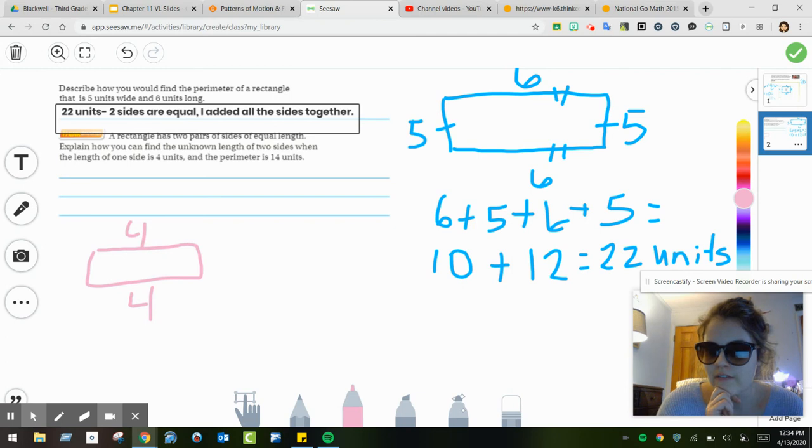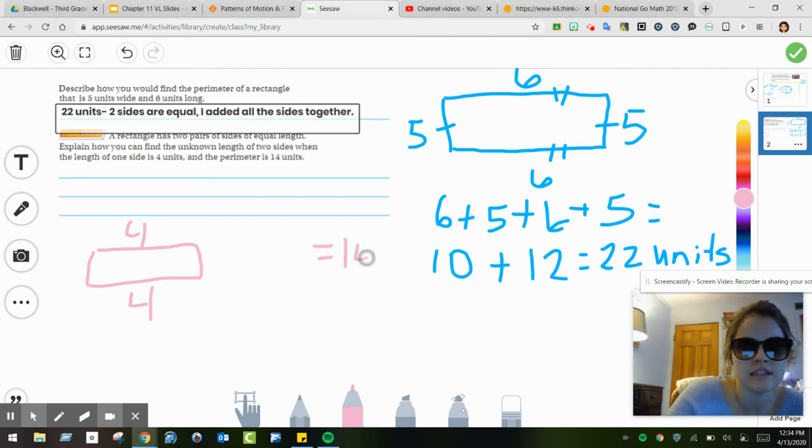So how could I start figuring out? It says the total perimeter is 14 units, and I'm going to need 4 different lines of measurement to add up to figure that out. I see a clue already of what I could add. Yes, I can add 4 and 4 already because those are my 2 lengths.